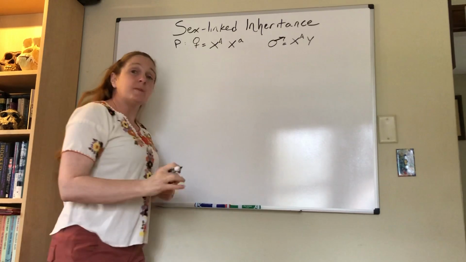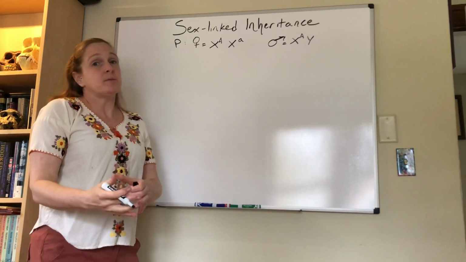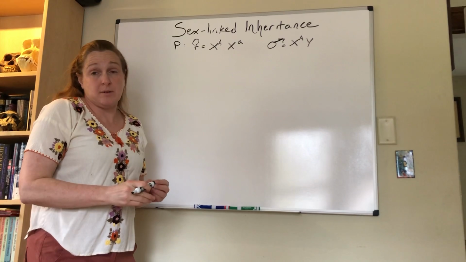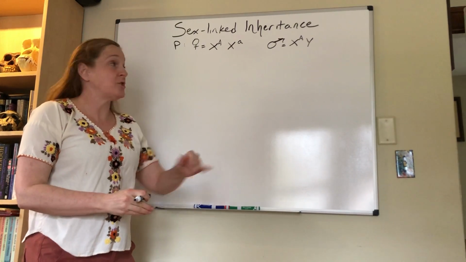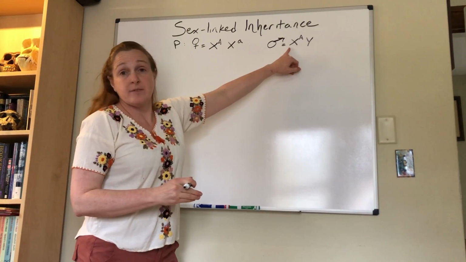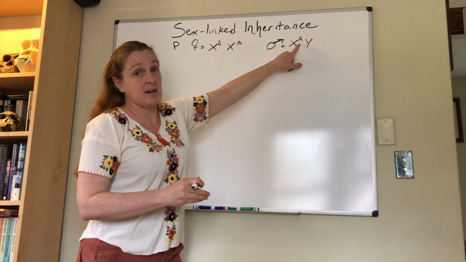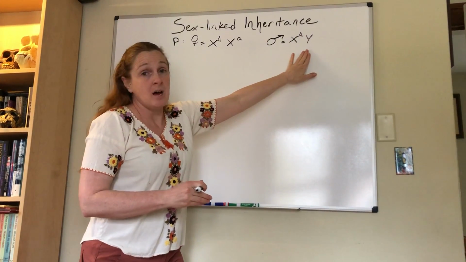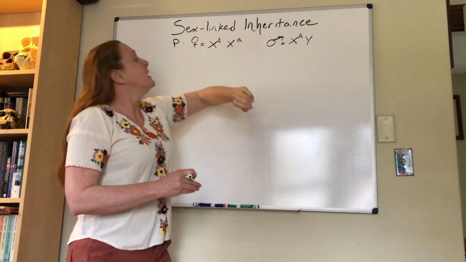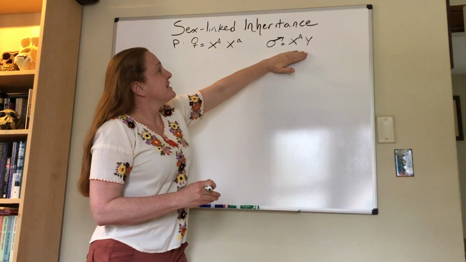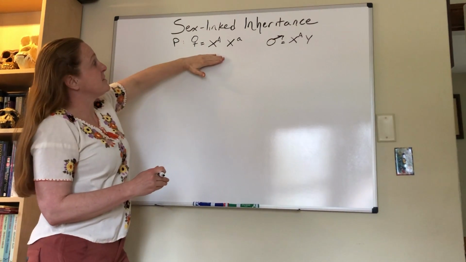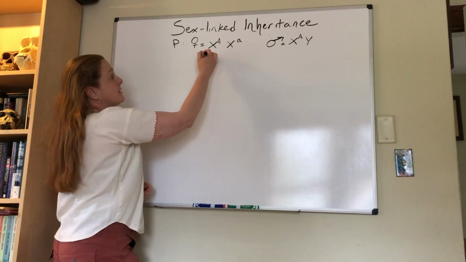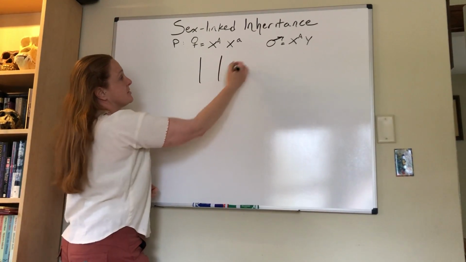The Y chromosome is a little bit smaller, and even though we're not focusing on the Y chromosome, it does have interesting genes, but it does not have the gene indicated by the letter A. It quite literally does not exist on the Y chromosome, so I don't put any letter on that Y chromosome. Our male has a hemizygous dominant genotype, and he is going to mate with a female who is a heterozygous genotype. So I know my parent genotypes.